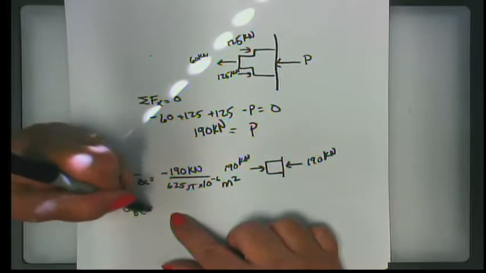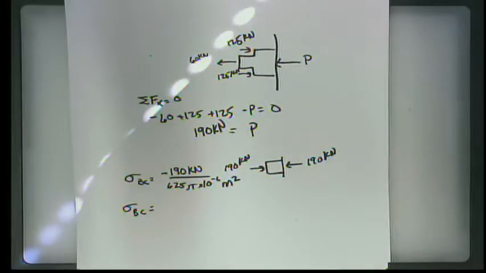Okay, so sigma BC is equal to, if I take those numbers, I take 190, divide that by 625, and divide it again by pi.